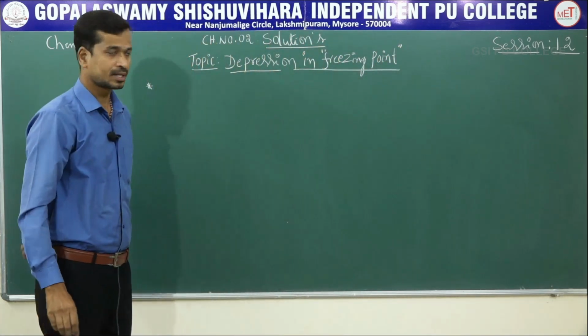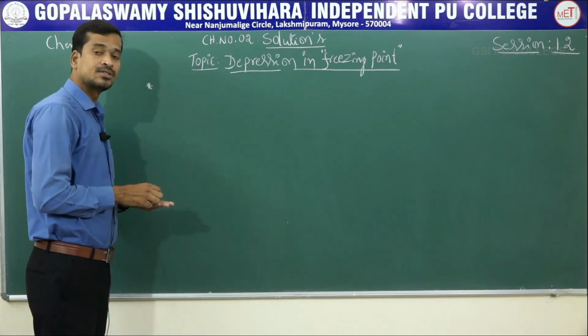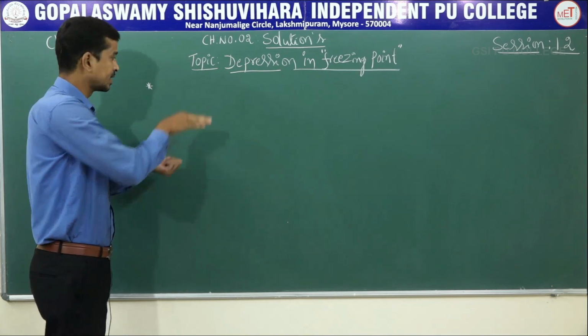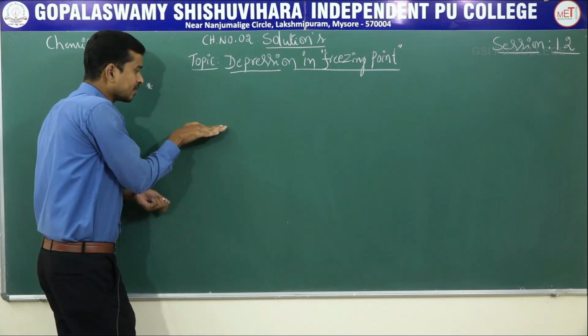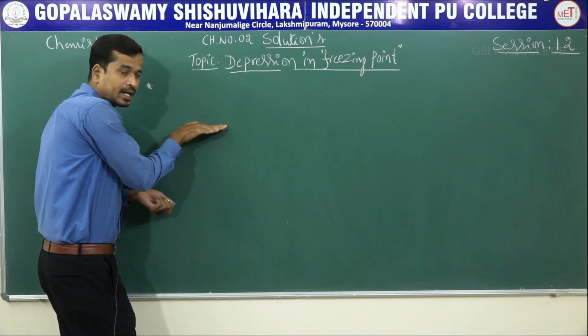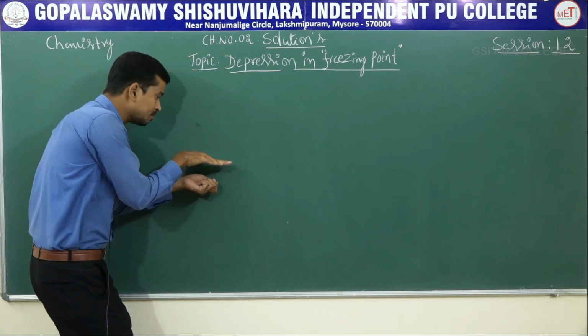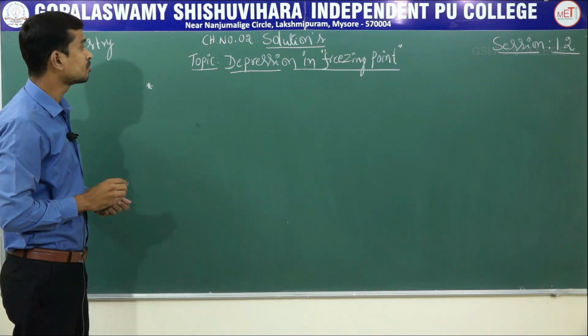Depression in freezing point. First point: by addition of a non-volatile solute to the pure solvent, what happens to the vapor pressure? It decreases. When the vapor pressure decreases, the liquid very easily equilibrates with the solid state at a lower temperature. That is called the freezing point.